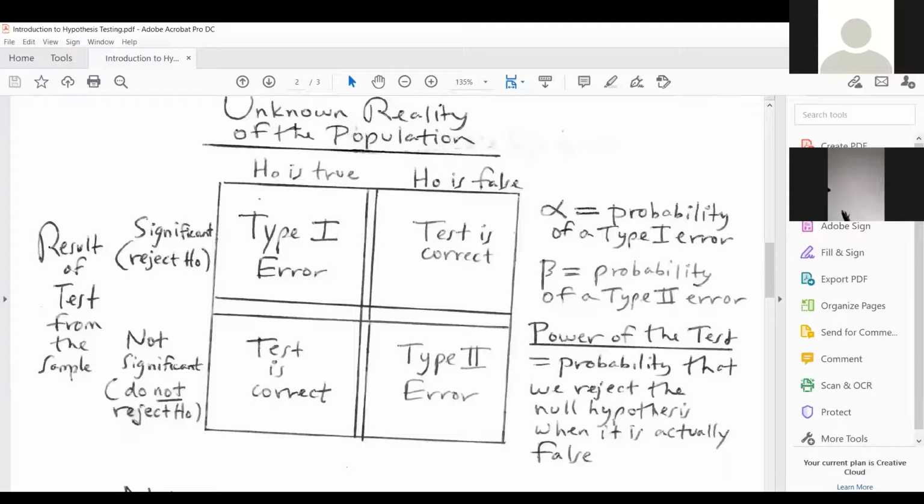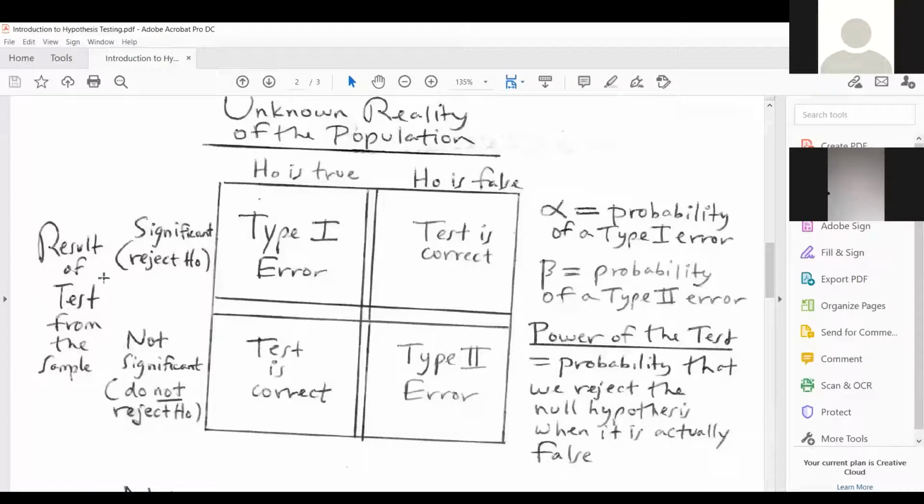So in reality, the actual population parameter we're testing is unknown. Either the null hypothesis is true, or the null hypothesis is false and the alternative is true. But that's unknown. I hope you understand these two different things in this chart.